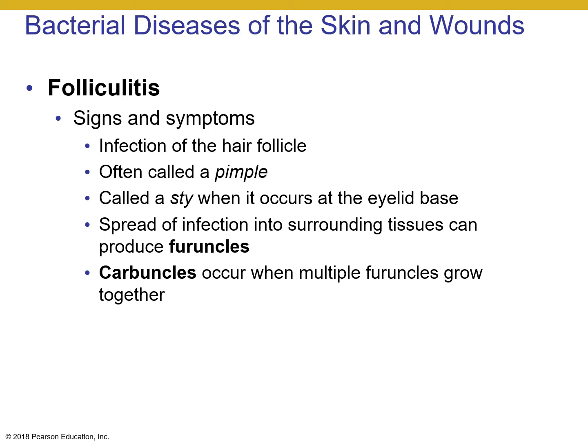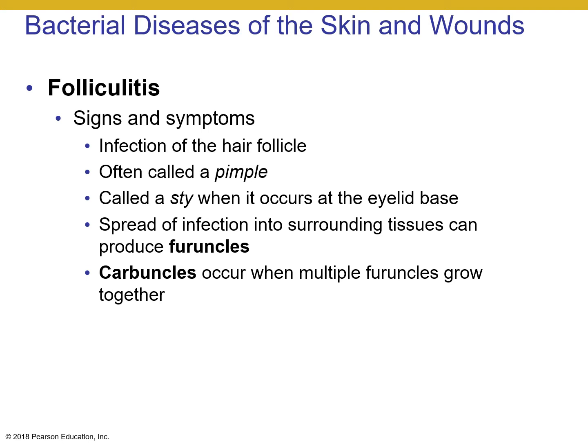So when we look here at folliculitis, you notice that itis means inflammation, and folliculo is the follicle. So it means an inflammatory condition in the hair follicle, and this is usually due to an infection.